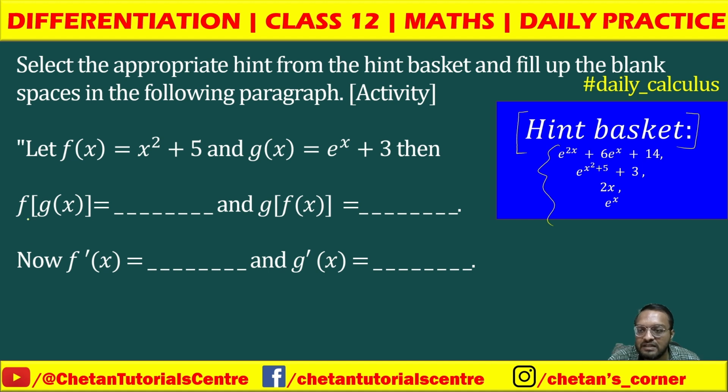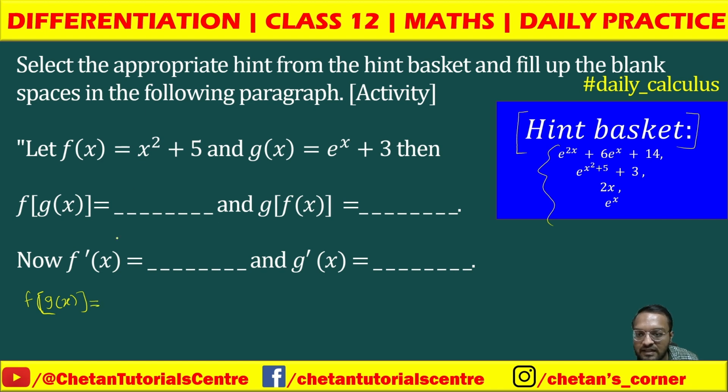f of g x means f of g x. So what does this f of g x represent? This is f of x and all the x terms are replaced with the value of g of x. So let's replace the x with g of x.